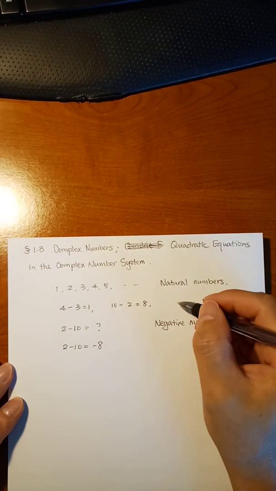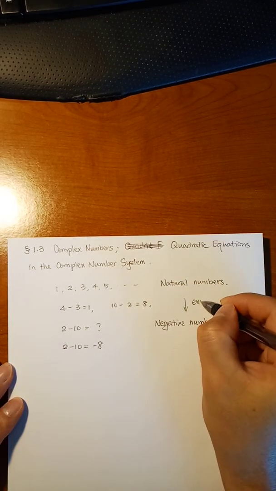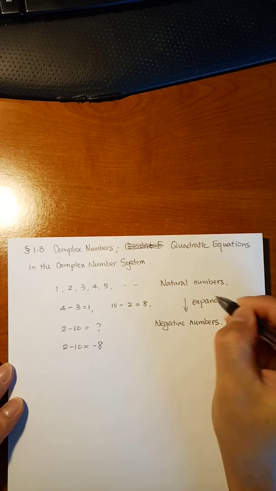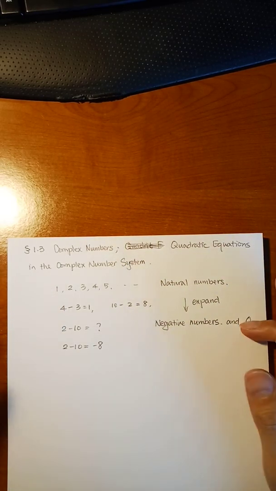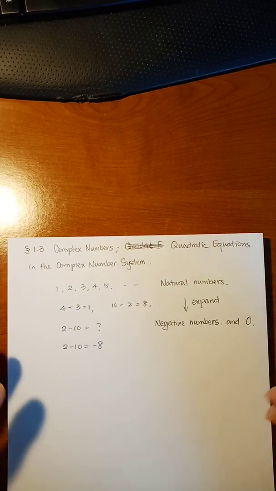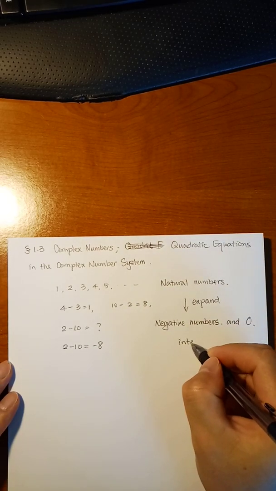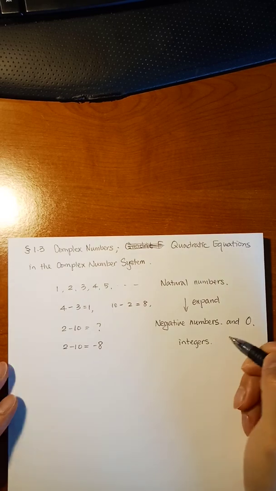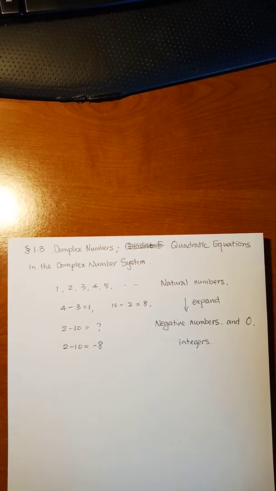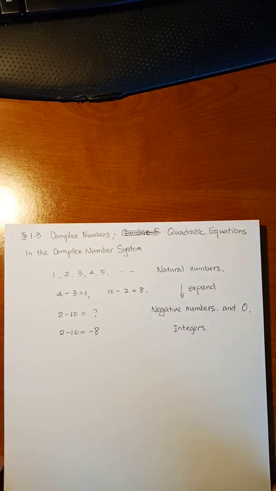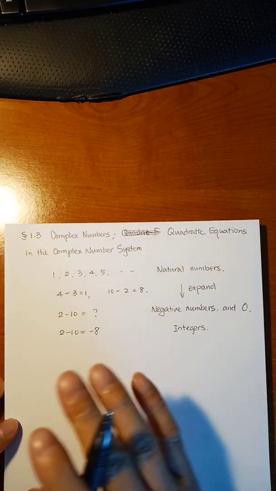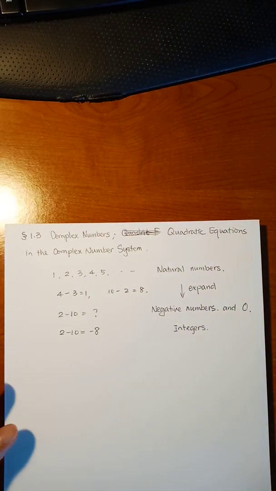So we expand our number range from natural numbers to all integers. Now we are satisfied with the integers. We can do addition, we can do subtraction without any problem.